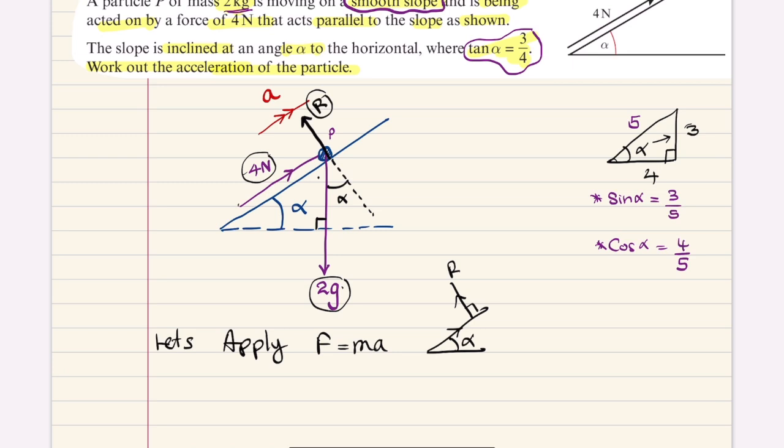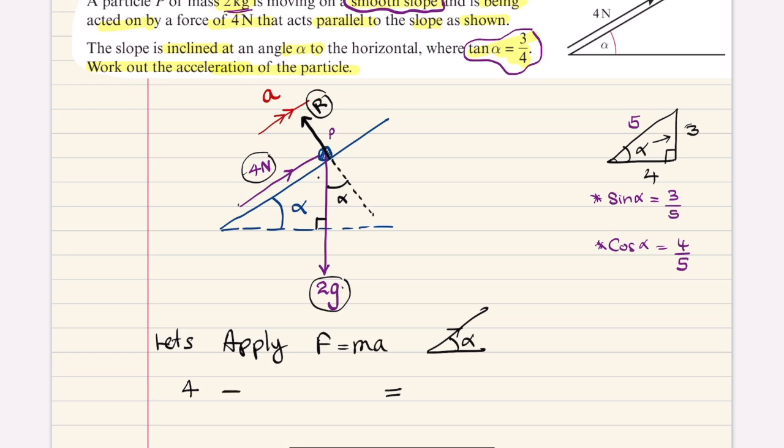So that means we need to worry only about 2 forces: 4 newtons, and the other one is 2g, which is the weight. Okay, so let's resolve all the forces acting along the plane upward. What are the forces acting? It will be 4 newtons, so you will have the full effect of 4 newtons.